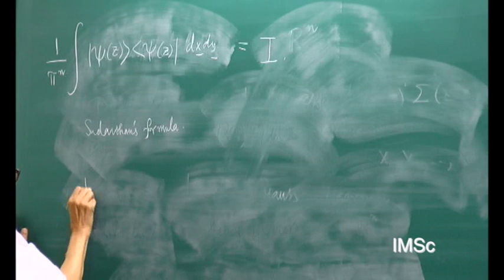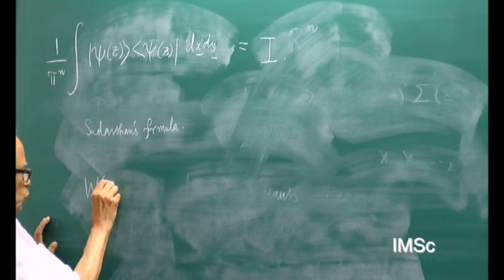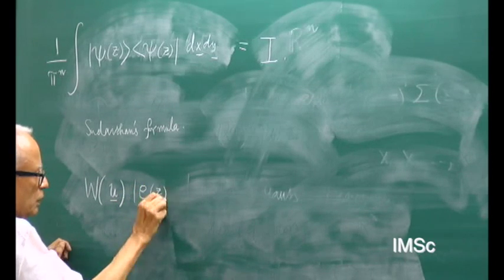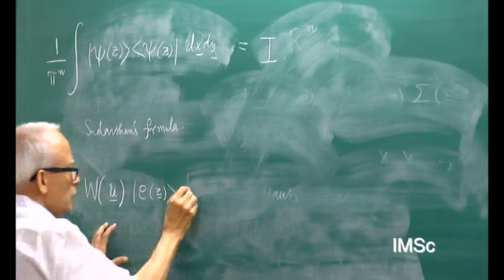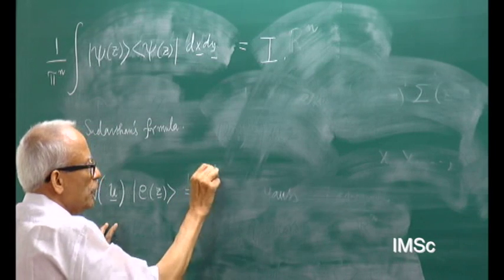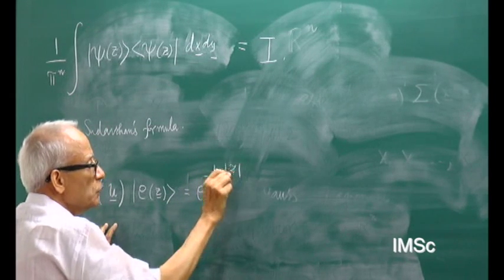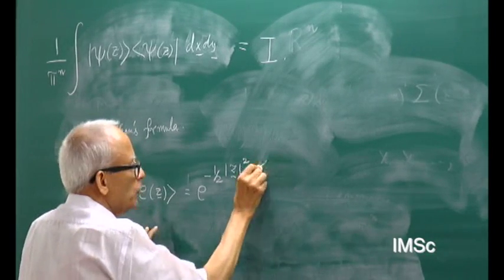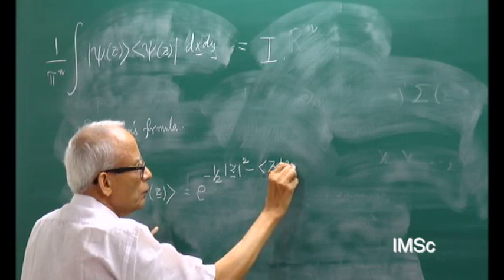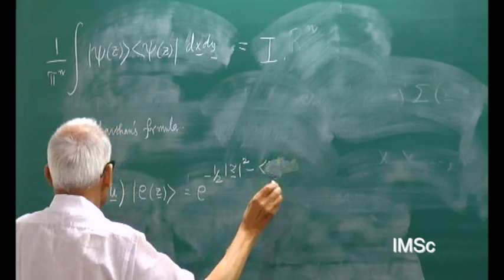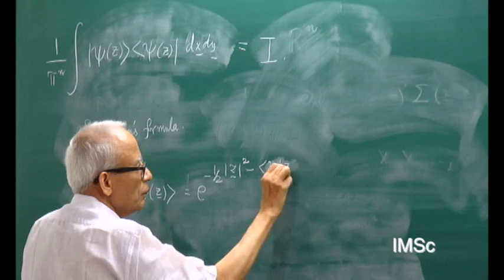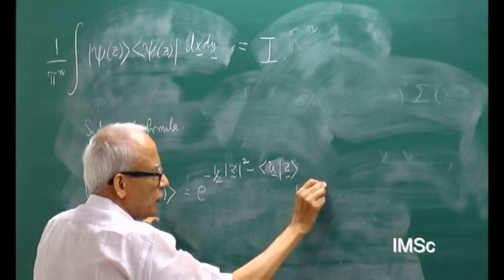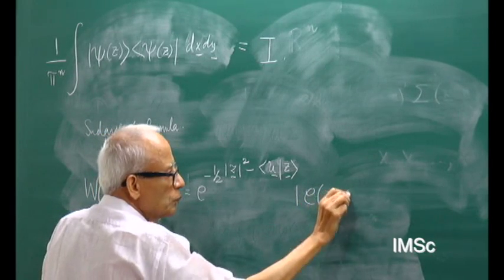So, if I write W of u applied to E z, this is not normalized, this is equal to e to the power minus half norm z square minus the scalar product z u, u z in the same order, and then you translate the exponential E z plus u.